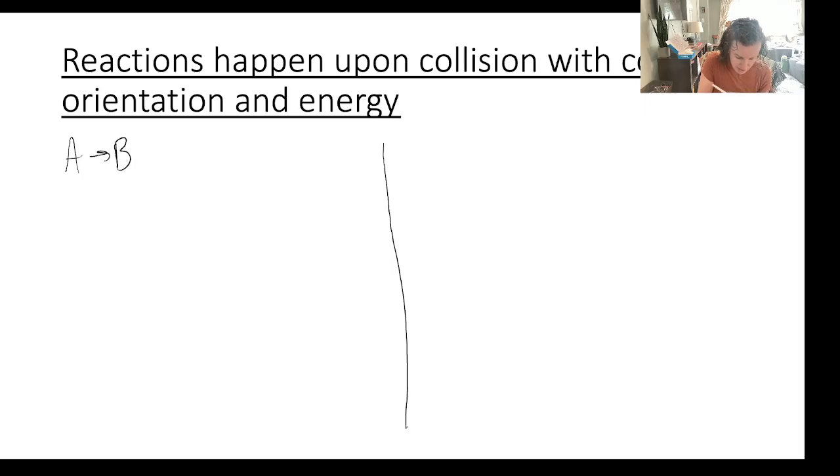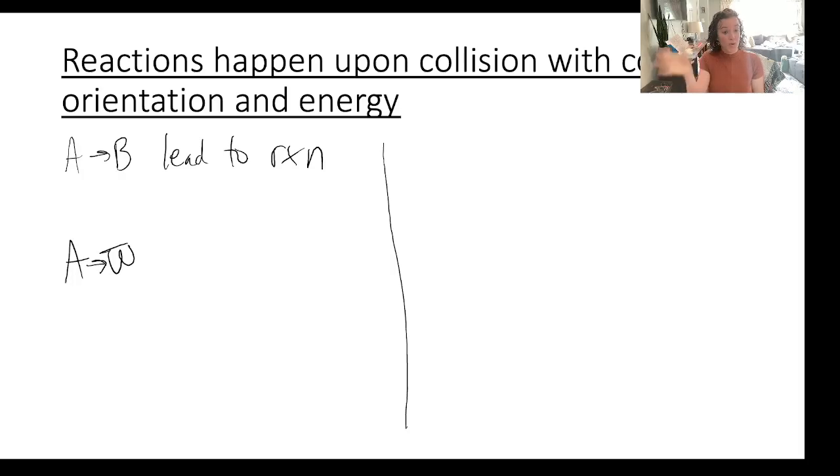Let's say A bumps into B in this orientation. That will lead to a reaction. But let's say A, sorry, it's hard to write sideways. Let's say A bumped into B in a different orientation. It would have no reaction.